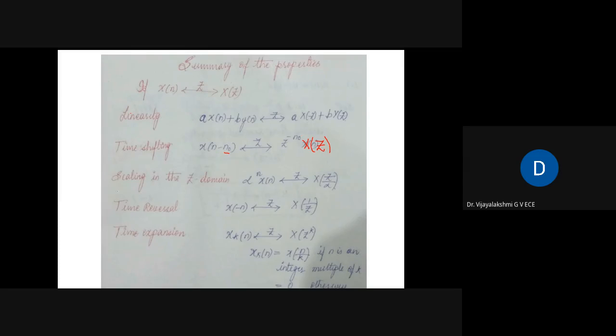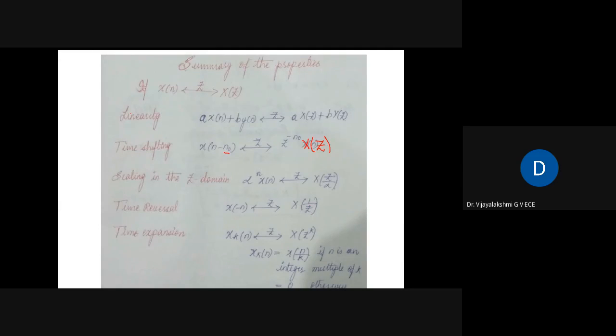And scaling in the z domain: if you scale X of z by alpha in the z domain, its corresponding signal in the time domain x of n will get multiplied by alpha power n. Then time reversal. If you reverse the signal in the time domain, in the z domain z becomes inverted.